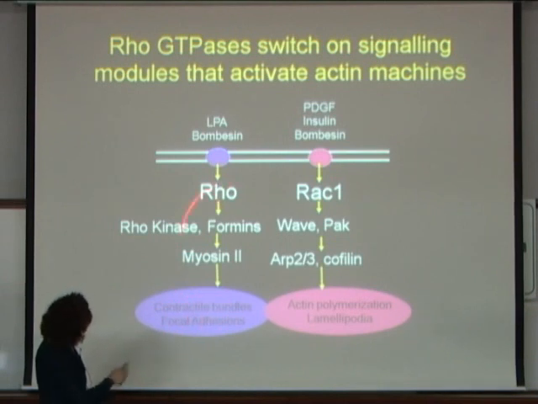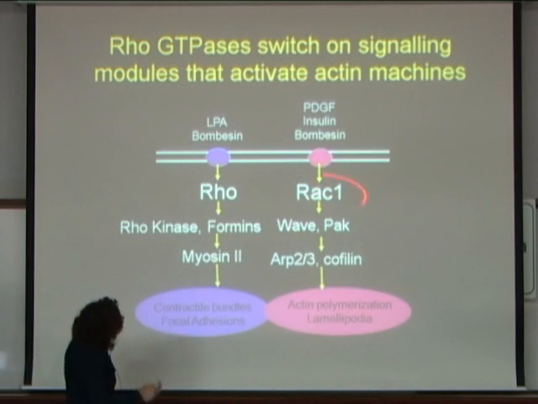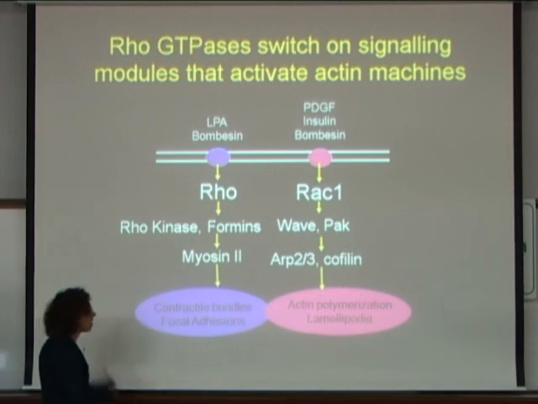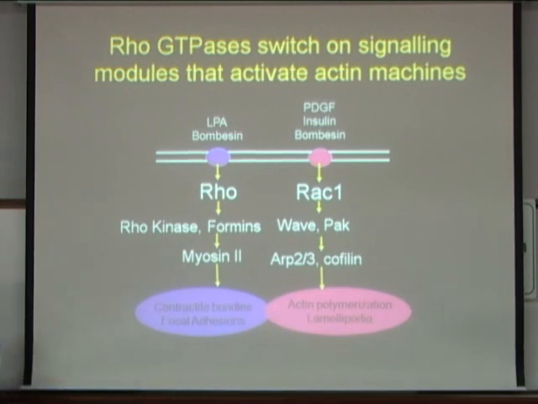They also activate the growth of focal adhesions, these adhesion structures. RAC, on the other hand, through a couple of kinases and an adapter protein, activates this ARP2/3 cofilin treadmilling to result in lamellipodial actin polymerization.